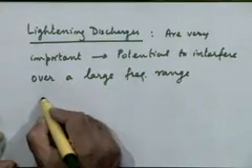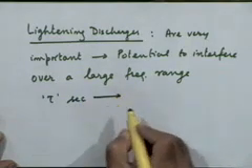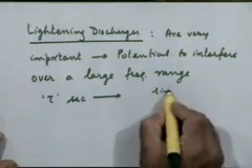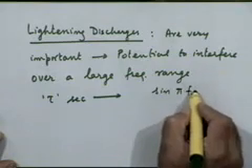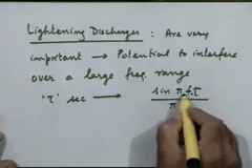So for example, if this lightning discharge is of duration tau seconds, what will be the nature of the spectrum? The pulse duration is tau seconds, so the spectrum would have the nature of sin pi f tau upon pi f tau.